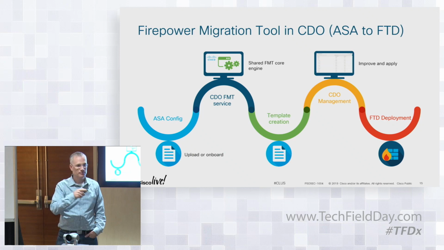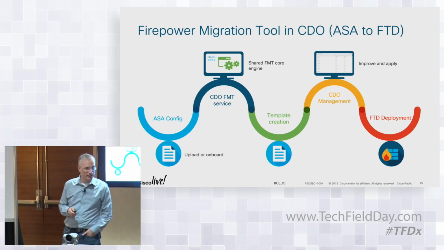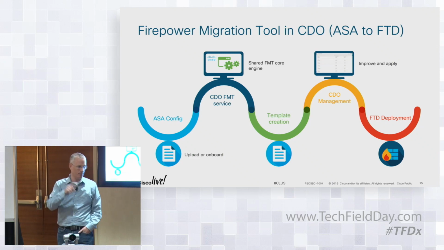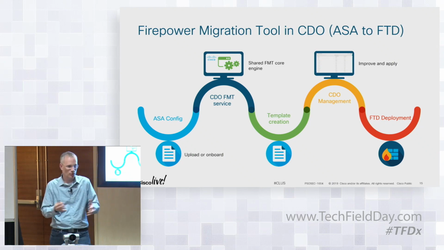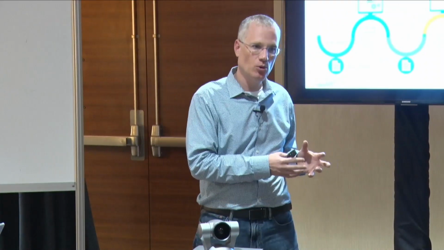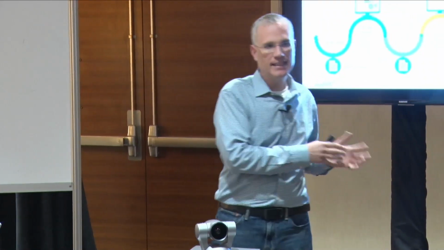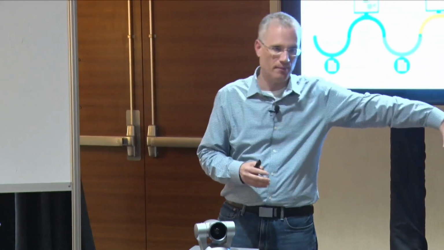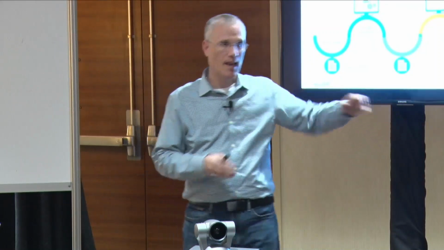Is this a different tool than the existing migration tool? Yes, it is. It's based on the same tool, so it's the same sort of back end, but the existing tool takes you from an ASA to an FMC, to an on-prem management, and this adaptation takes you to CDO.